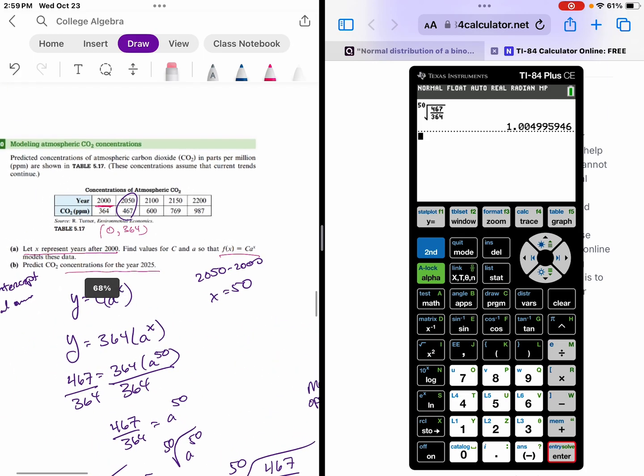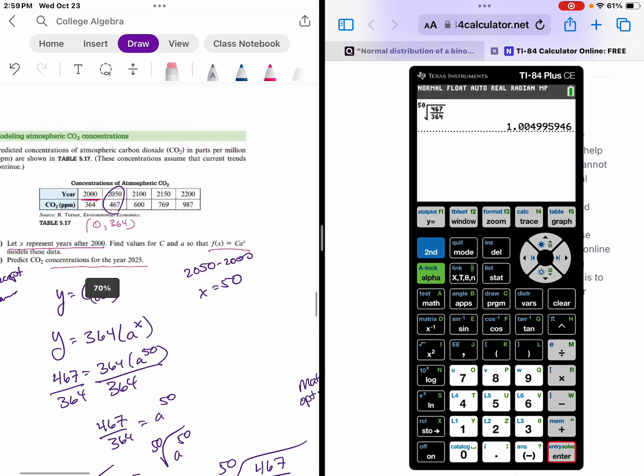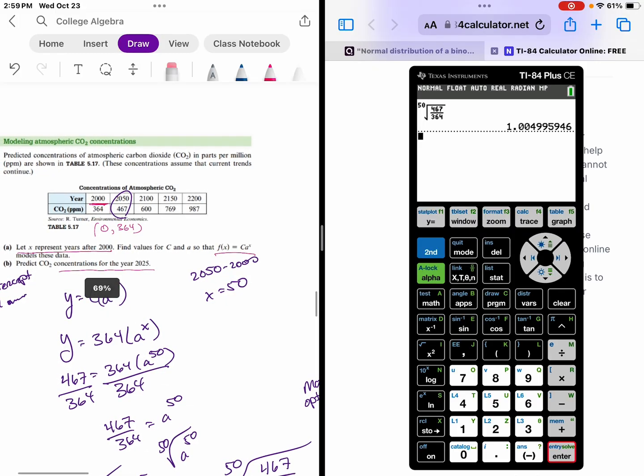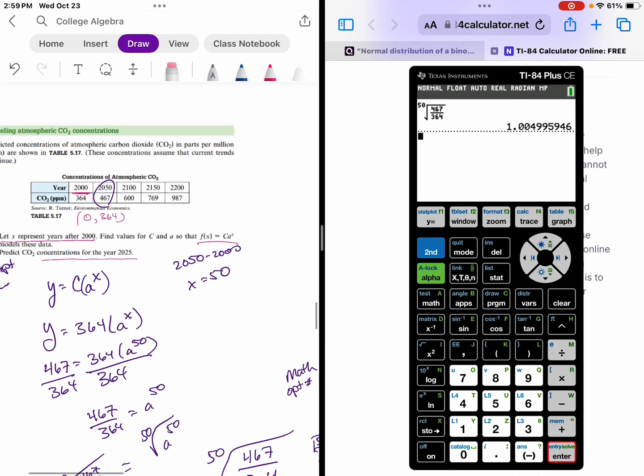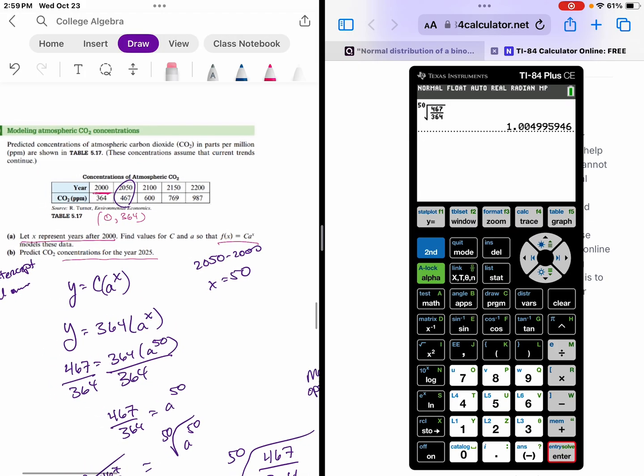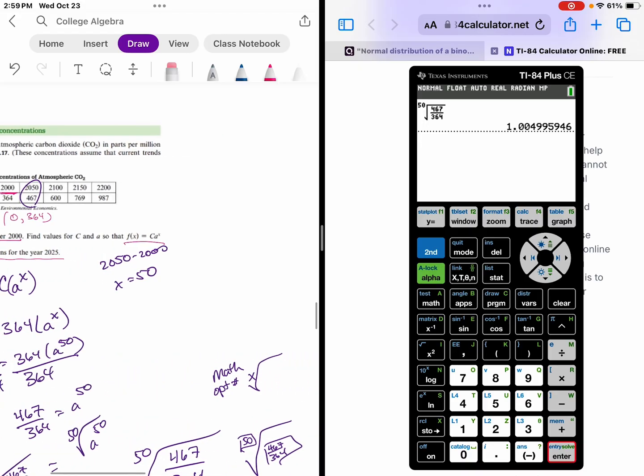Now, as we go to create the equation, do they tell me what to round to? No, they don't tell me where to round to. So again, we can use that whole decimal.